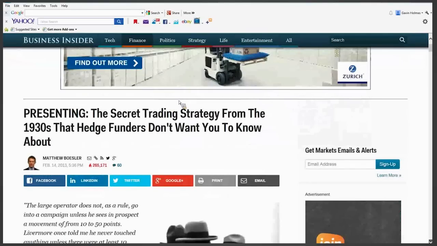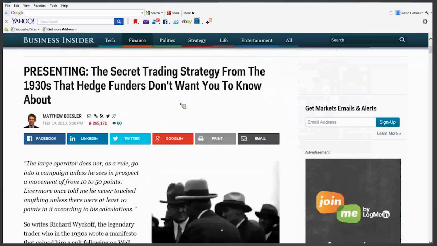This is an article which, again, if you want a copy of this, just type in Richard Wyckoff market manipulation, and you will see here an article. It says the secret trading strategy from the 1930s that hedge funders don't want you to know about.